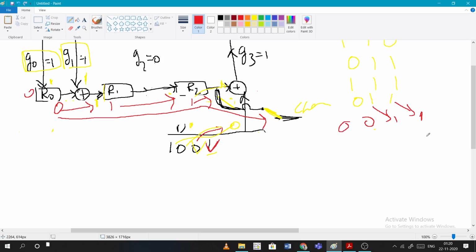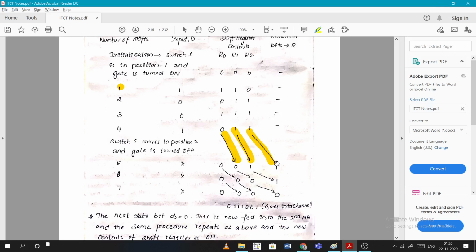0 0. Now again what we'll do, we'll shift this here, we'll shift this here, we'll shift this here. That means this one bit already went into the channel, that's why it is missing here.